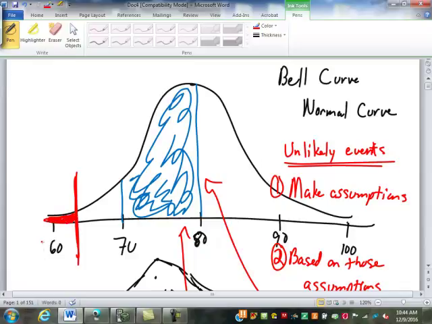If that probability is low enough, and usually 5% or 0.05 probability, if it's below that, then we say, hey, chances are our assumption was wrong. Because if our assumption was correct, it's very, very, very unlikely that we would get the results that we just did. So we're going to say our assumption is wrong.